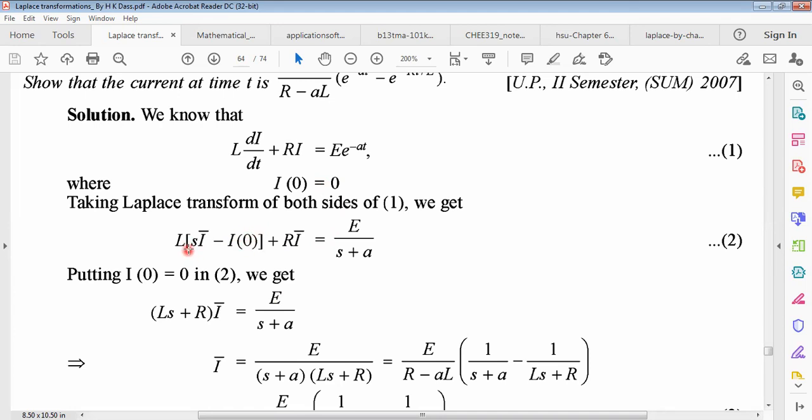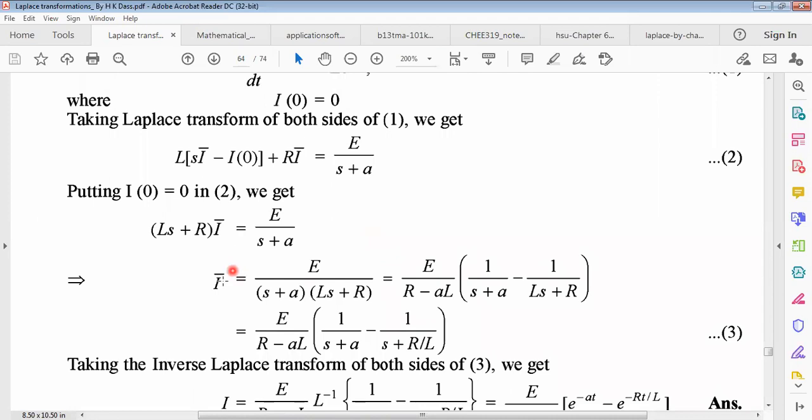Okay, so we get i bar common, that means Laplace transformation of i is common, then we get (Ls plus R) i bar equals this. So i bar equals what will be? E divided by (s plus a)(Ls plus R).